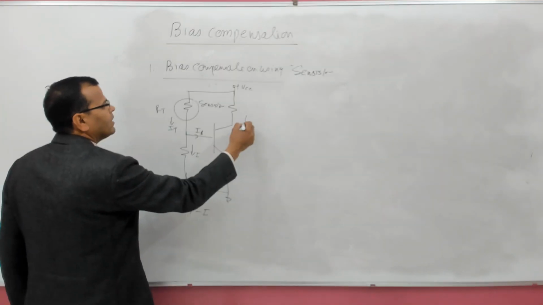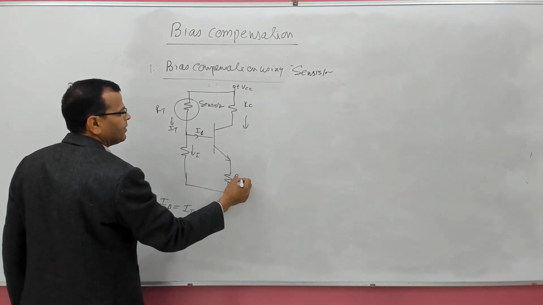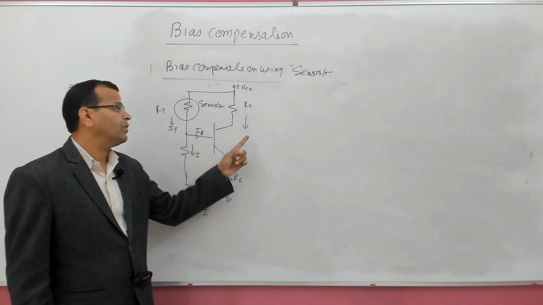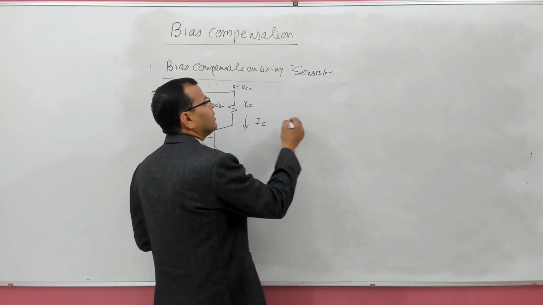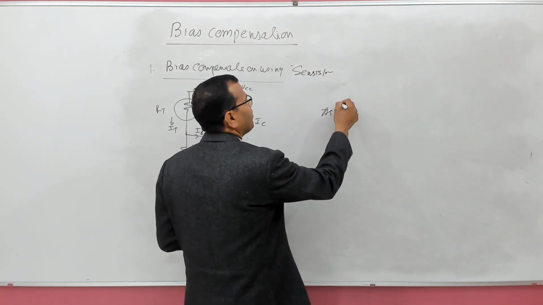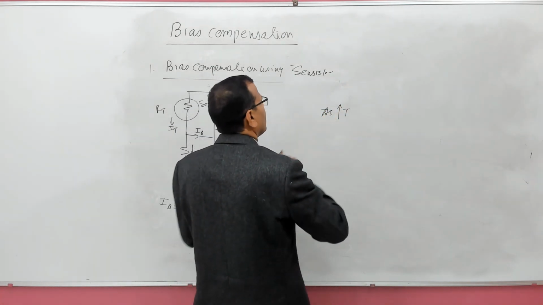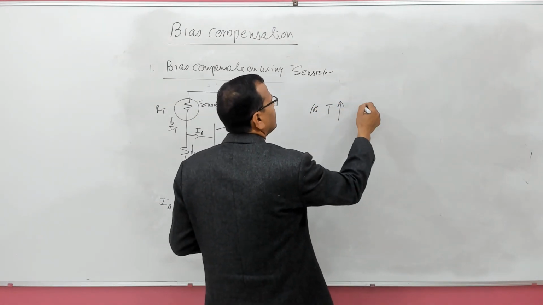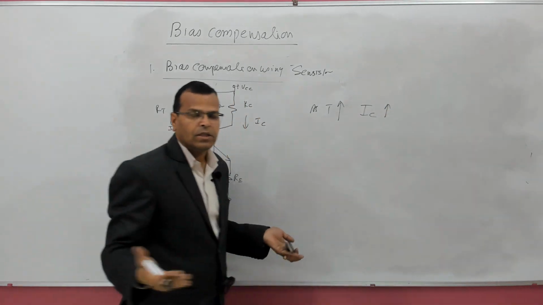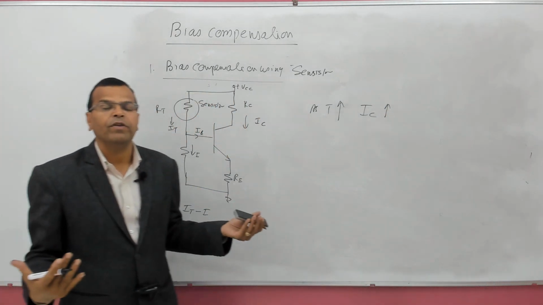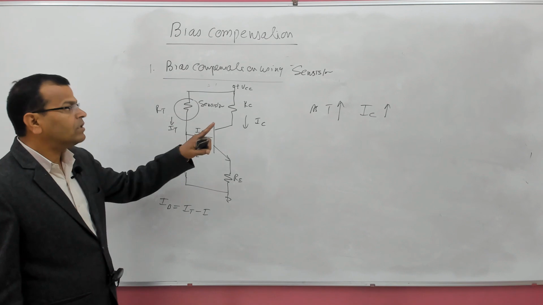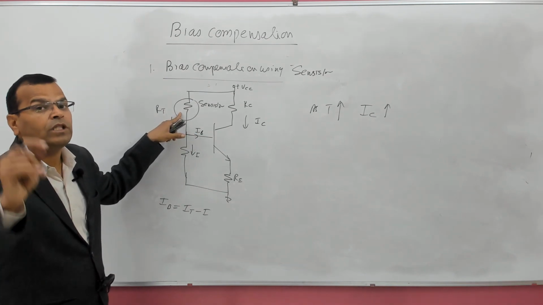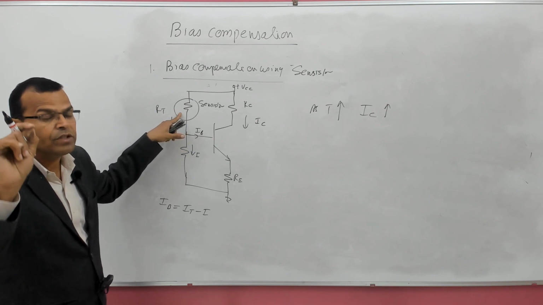Now, let us see the effect of temperature here. When temperature is increased, this current IC will try to increase. That is the simple phenomenon we have seen. But when you increase the temperature, the resistance of transistor will increase. Why? Because it is a positive temperature coefficient device.